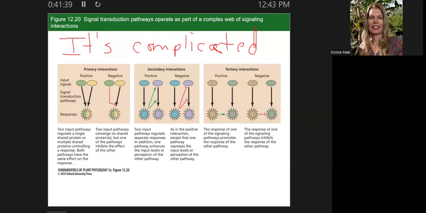But basically, all of this is in place and has evolved so that the plant that can't move away, can't run away, has to have a very sophisticated mechanism, many mechanisms in place to be able to constantly assess what's going on around it, be able to take in that information appropriately, and then figure it all out and respond appropriately. That's a huge undertaking, especially when you think about an organism that can't move away from where it is.